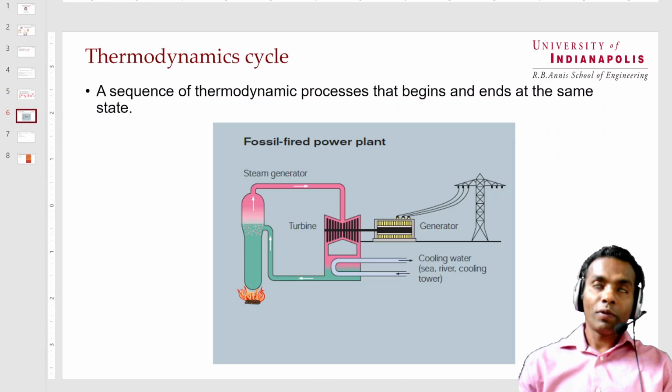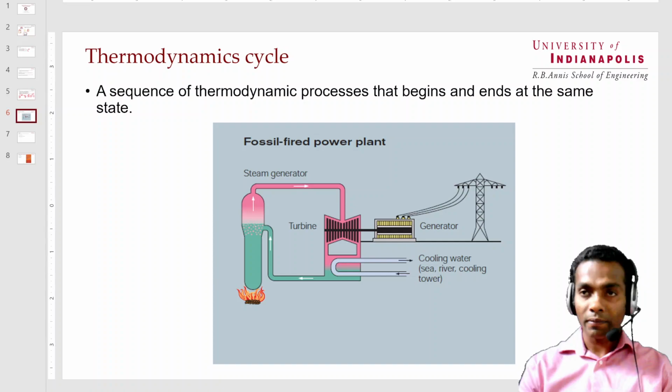Now we learn about systems. Then we learn about properties. Properties are required to define a system and define a state. And then we learn about states and the changing transformation of states. That's called processes.